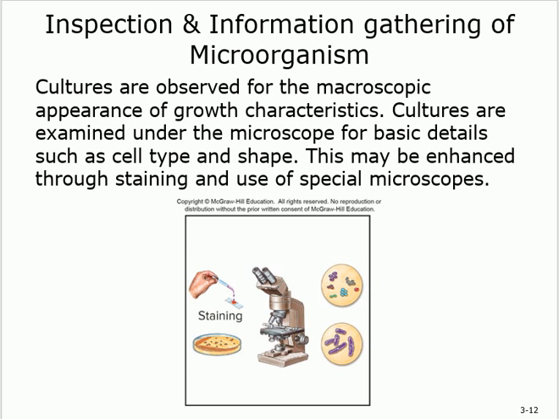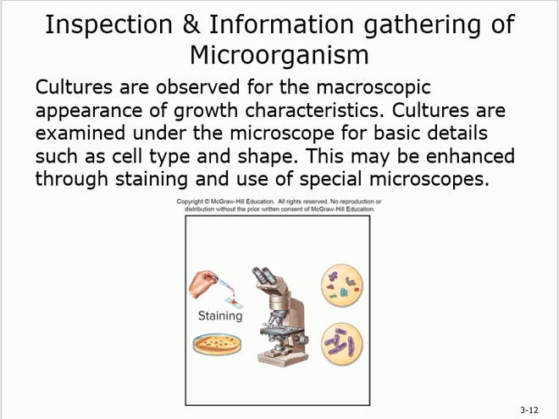And then you'll take a sample and put it under the microscope. When you put it under the microscope, you can see the details, including the cell type, the shape, how it looks, and the rest of the details. You can do that with or without needing a stain. It depends on what species we are talking about.